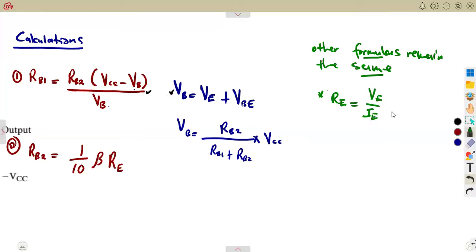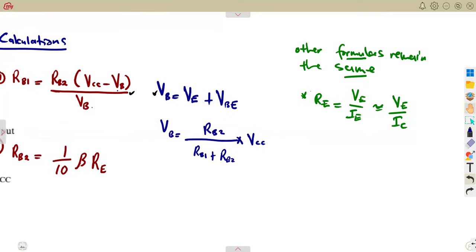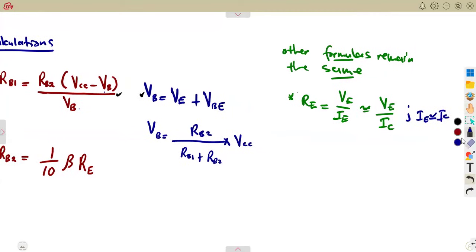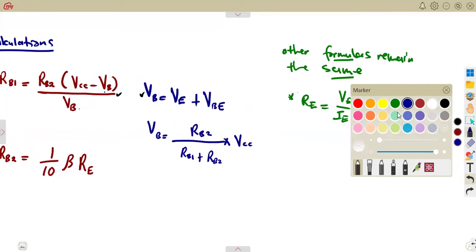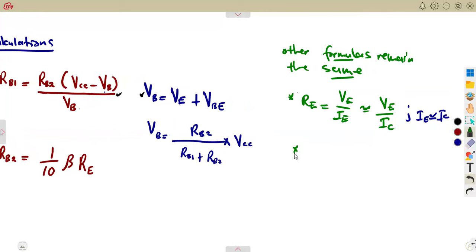But I said that this IE is approximately equal to IC. So we can take this as VE over IC. We can use that as a concept for calculating this value of RE. We talked about this from our previous calculations.